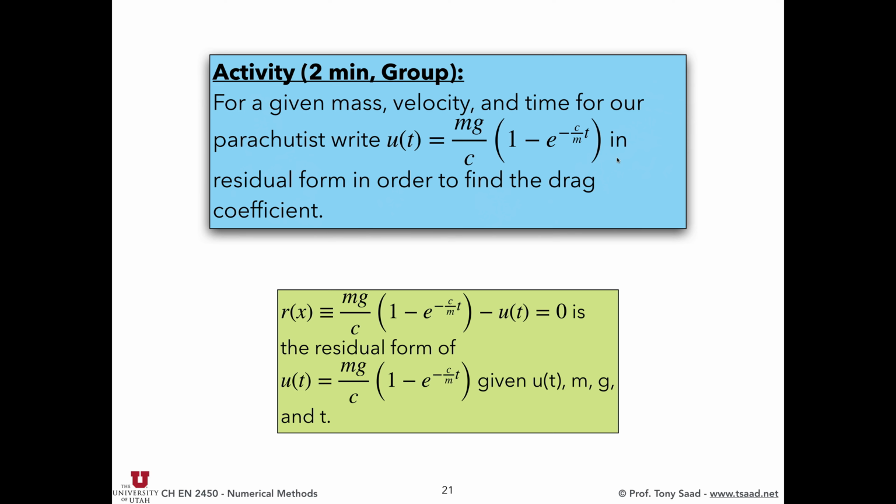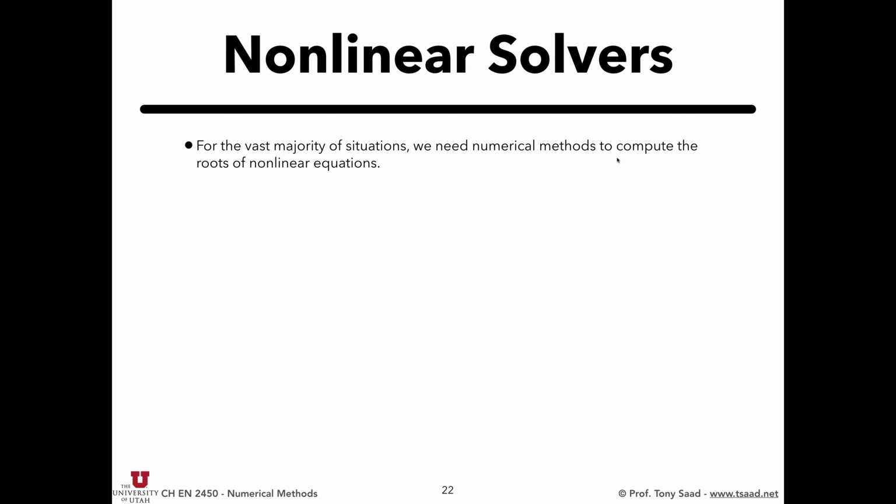So r of x, that's our residual function, is mg over c, 1 minus etc. minus u of t, and r of c equals 0 (there's a little typo over here, so this should be r of c equals 0) gives us the root or the value of c for which u, m, and g that are given to you satisfy this equation. Okay?